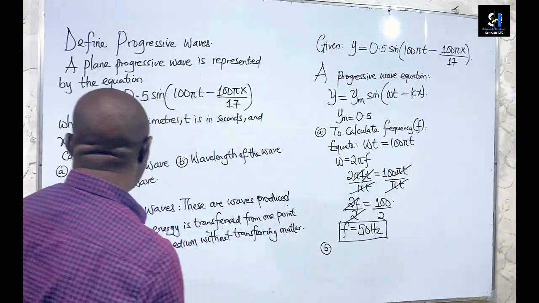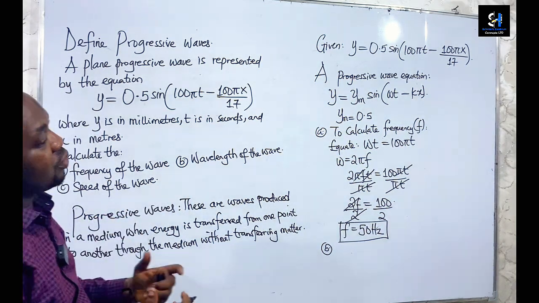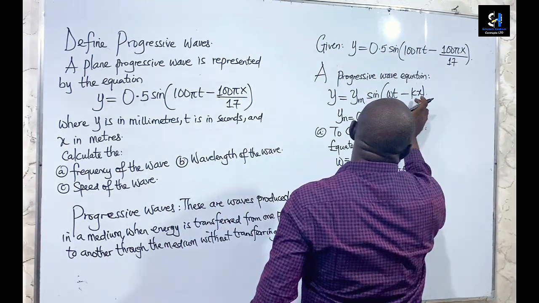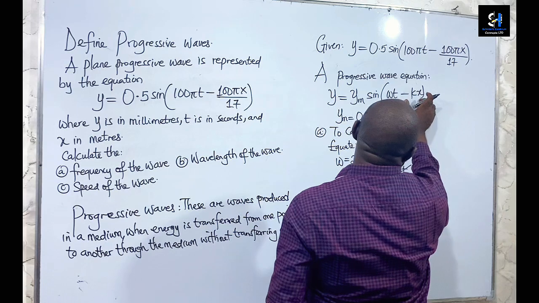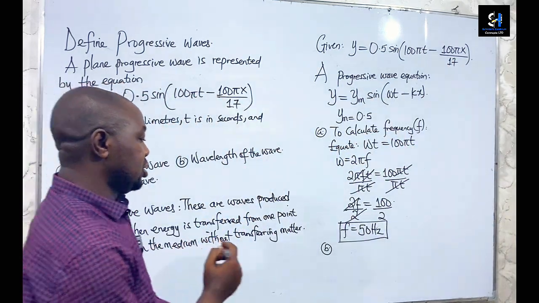B, we want to calculate the wavelength of the wave. To calculate the wavelength, we equate negative kx and negative 100 pi x over 17.